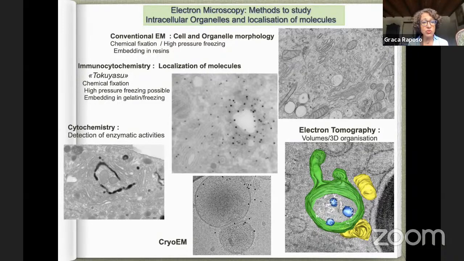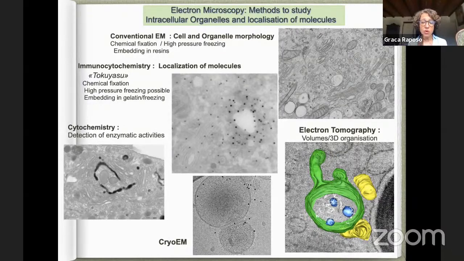We can also use conventional EM to detect enzymatic activities, and this is a very old method, and I'll give you an example a little bit later. We can use enzymes that can then produce an electrodense product. Electron tomography, you see here an endosome that has been reconstructed like that.